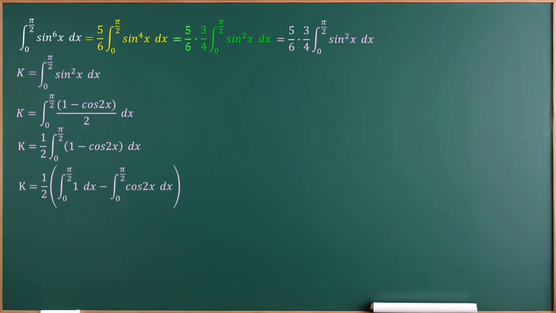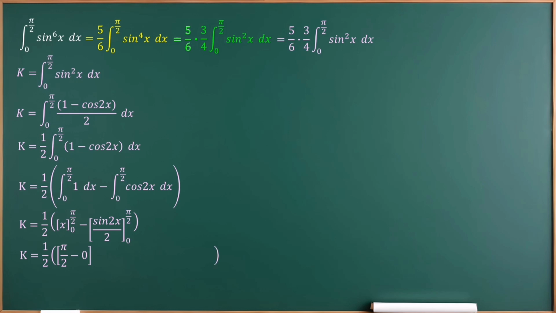Integral 1 value we can get as x. Integral cos 2x value we can get as sin 2x over 2. After that, we can substitute upper limit and lower limit for these answers. First one, x value. Upper limit pi over 2 minus lower limit 0.